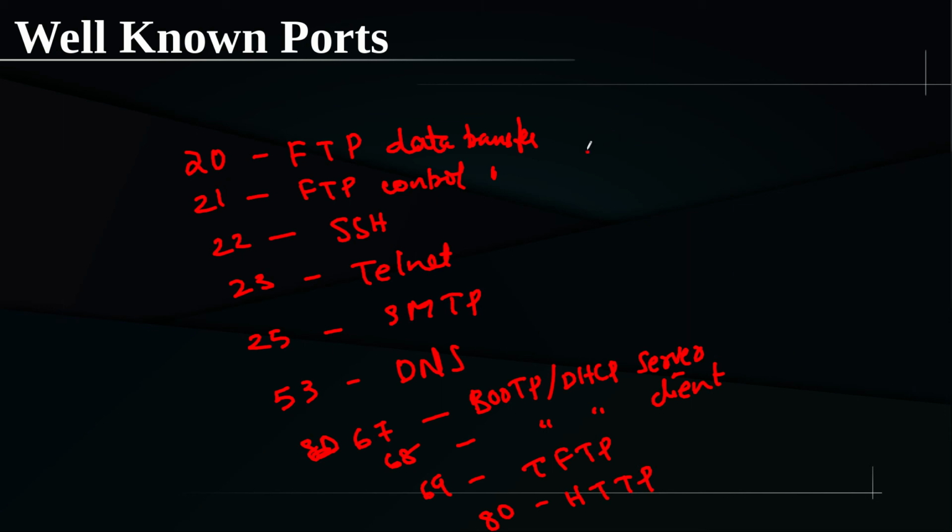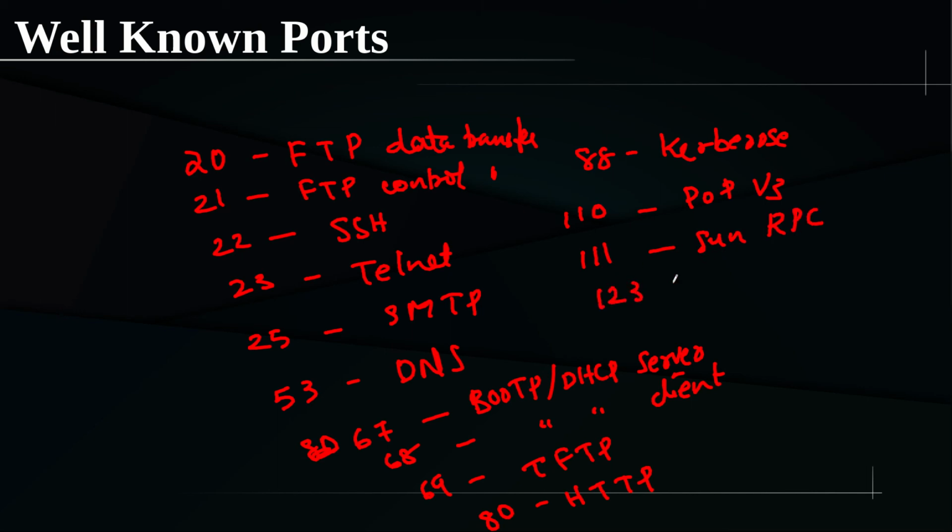Then what else? 88 being used by the Kerberos authentication protocol. Then 109 and 110 used by the post office protocol. Then version 3, of course. Then 111 used by the Sun remote procedure call RPC protocol. 123 is being used by the network time protocol, and 161 is for simple network management protocol SNMP.